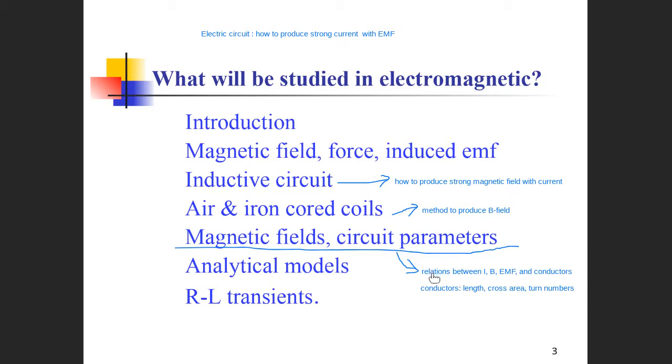Then we should discuss the relationship between the currents, the magnetic field, the electromotive force, and the conductors used to produce the magnetic field.